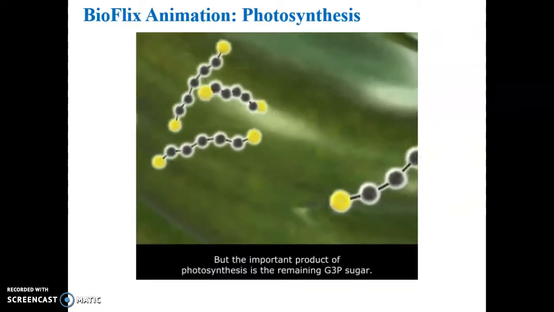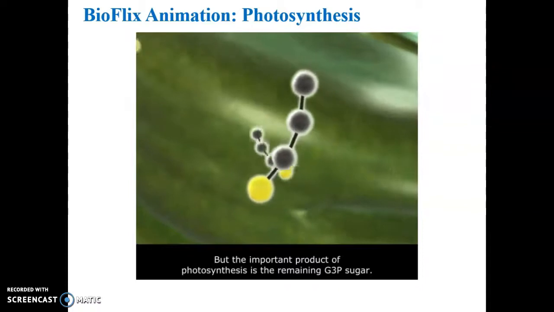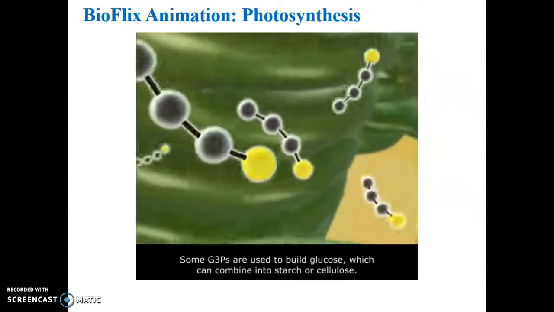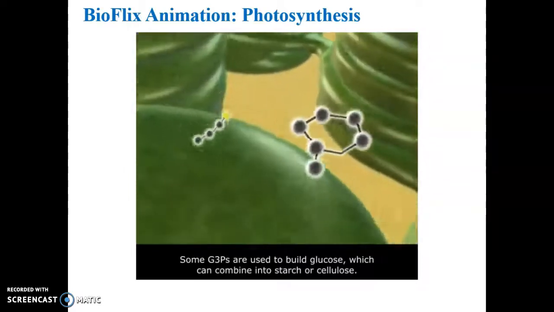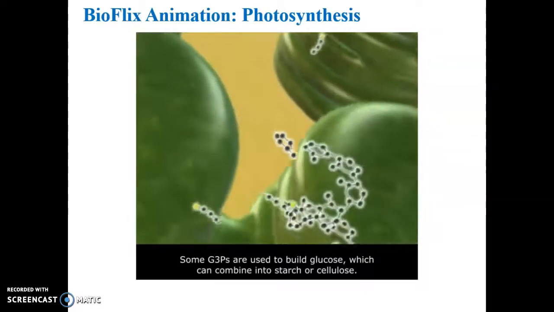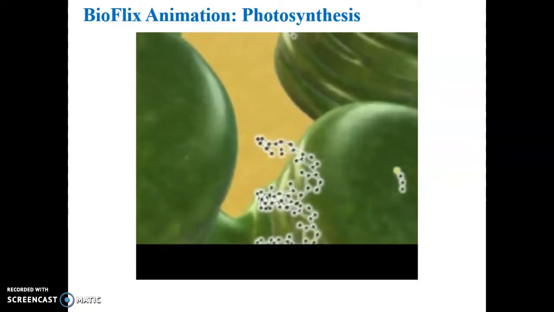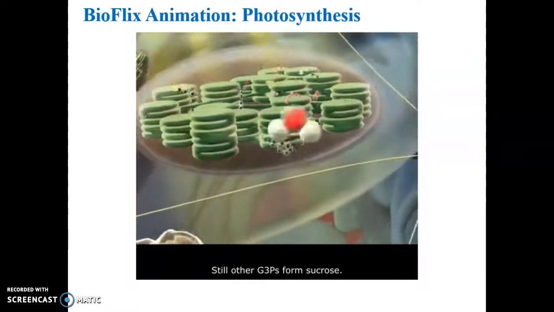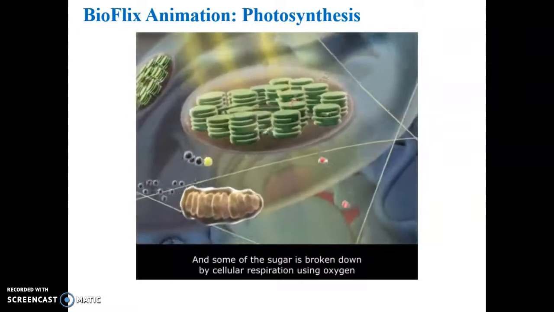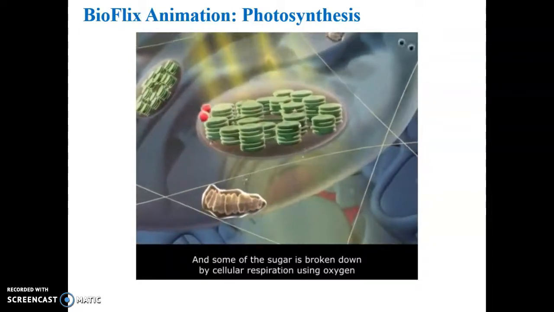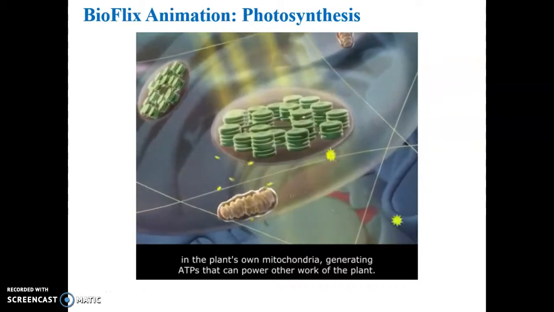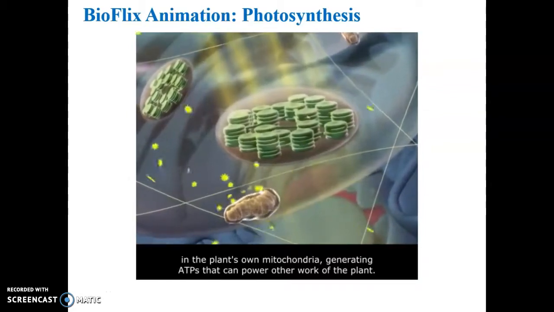But the important product of photosynthesis is the remaining G3P sugar. Some G3Ps are used to build glucose, which can combine into starch or cellulose. Still other G3Ps form sucrose. And some of the sugar is broken down by cellular respiration using oxygen in the plant's own mitochondria, generating ATPs that can power other work of the plant.